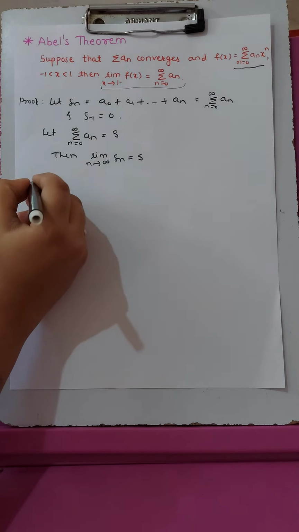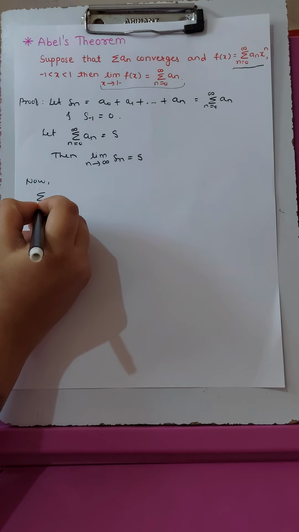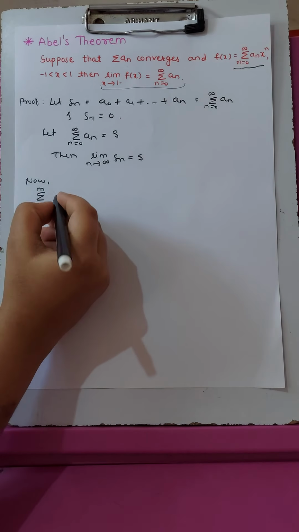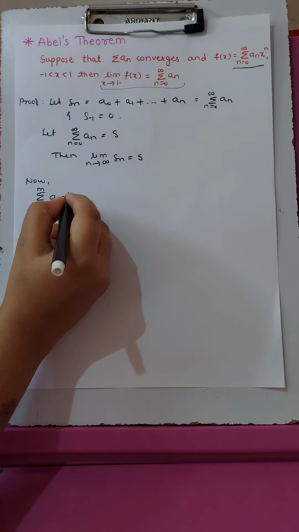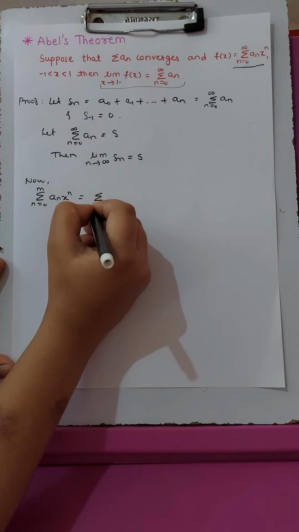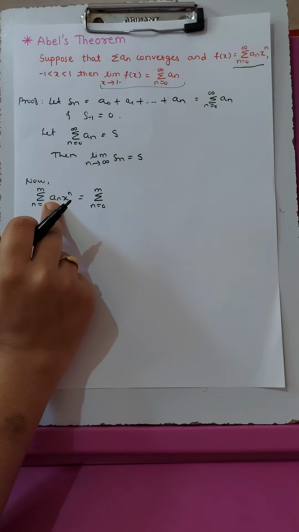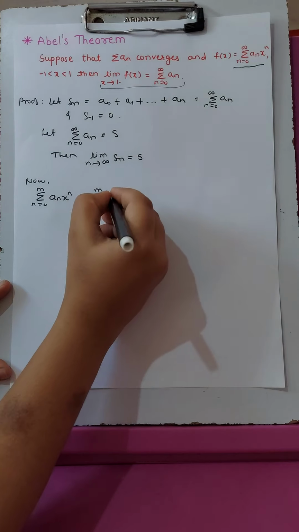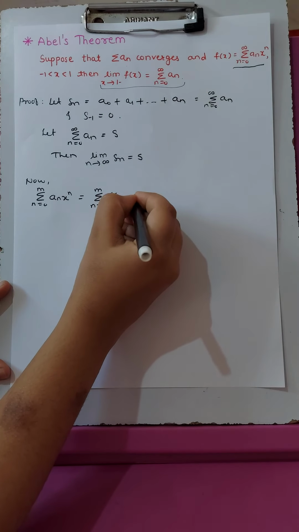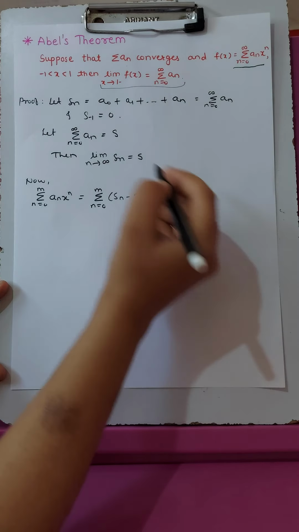Now let summation n from 0 to m an x to the power n equal summation n from 0 to m. Here an can be written as Sn minus Sn minus 1 times x to the power n.